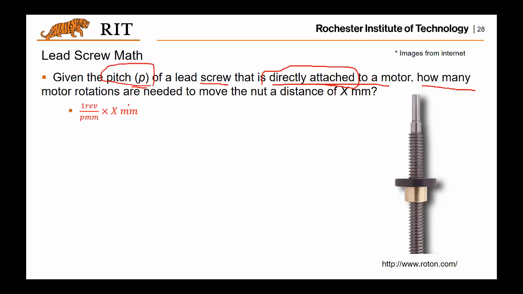Basically, pitch gives you how many millimeters this will travel if the screw is rotated by one turn. In that case, x over this pitch will give you how many turns it requires to achieve this motion in this direction by x millimeters.